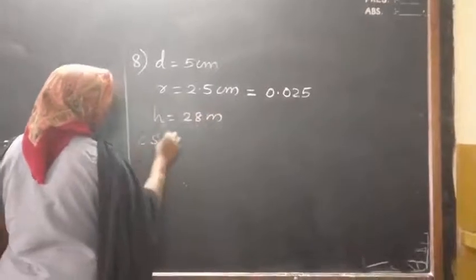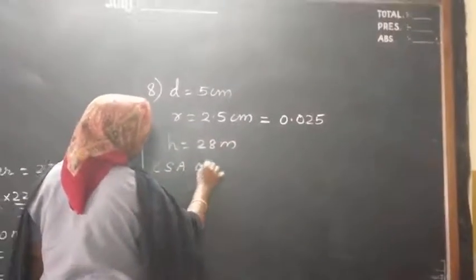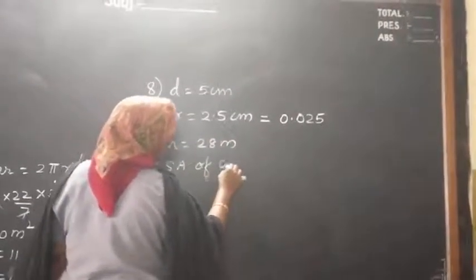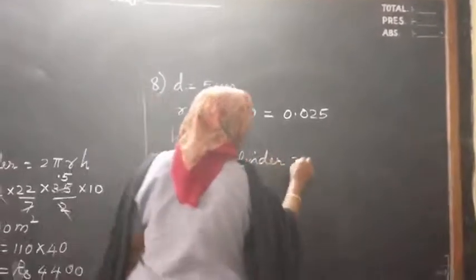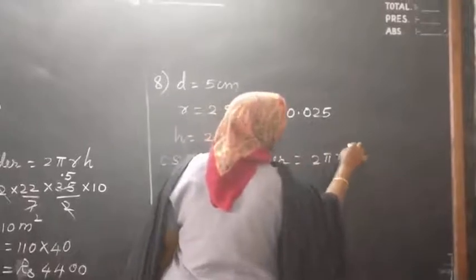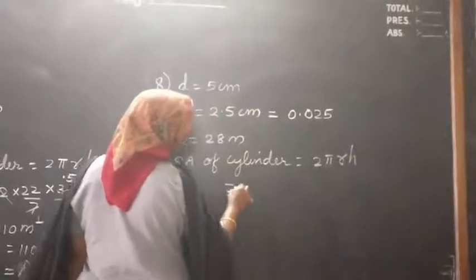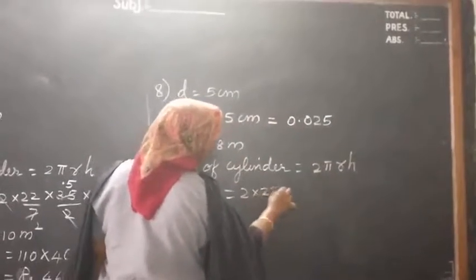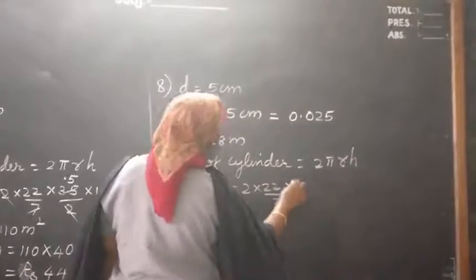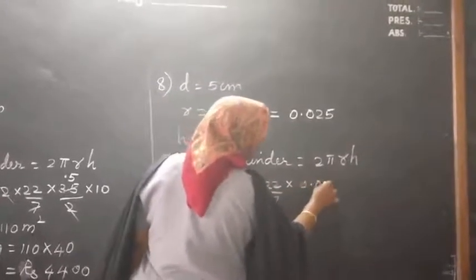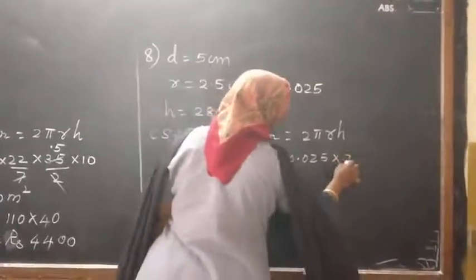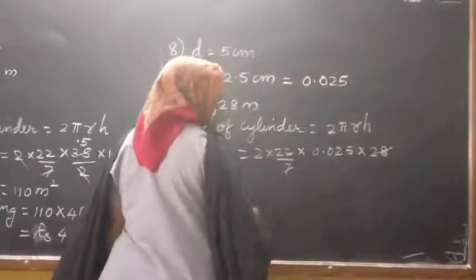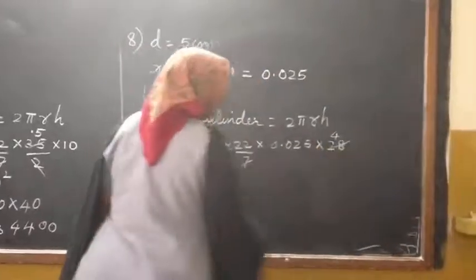So the radiating surface means the curved surface area of the cylinder, which is equal to 2 pi RH. That is equal to 2 into 22 by 7 into 0.025 multiplied by 28. So 28 times 7 you can cancel, 4 times.